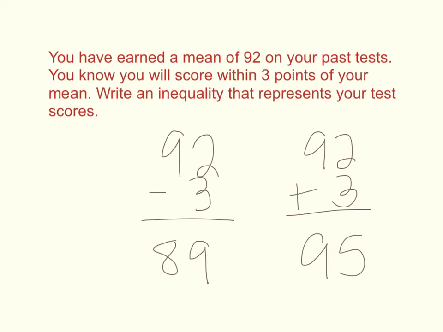And I know that I'm going to score within that range, so this is going to be an and. All my test scores are going to be somewhere between 89 and 95, including those. An interval for this would be 89 to 95. So remember, whenever you're scoring within 3 points, add and subtract to get both your scores.